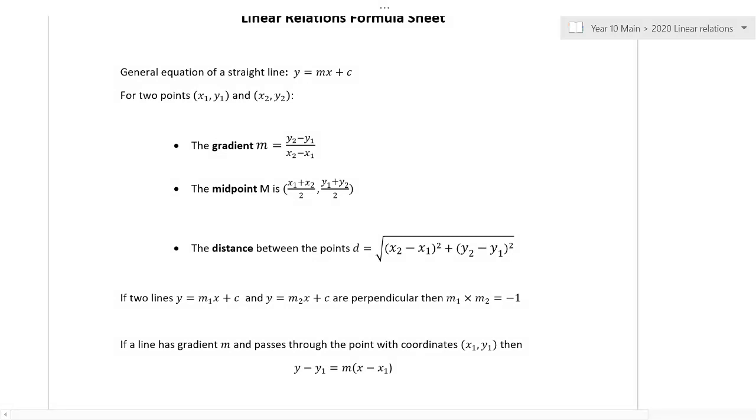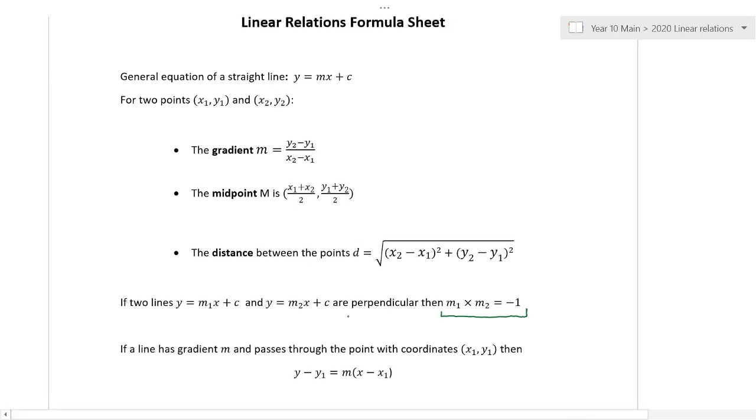I had a lot of students in the other class ask me, what is this? If you've revised thoroughly and practiced many questions, if I have two lines which are perpendicular, their gradients multiply to give -1. It's right there for you.